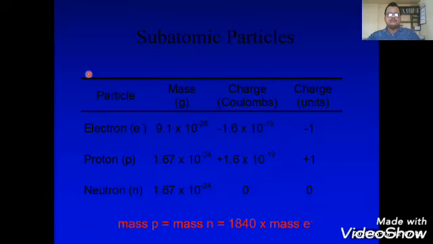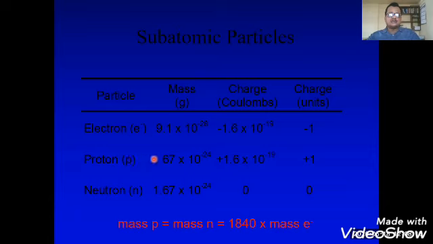So today we have this knowledge regarding the subatomic particles. Electrons have a mass equal to 9.106 × 10^-28 gram and a charge of -1.6 × 10^-19 coulomb. This minus means negative charge. Protons are much heavier than electrons.